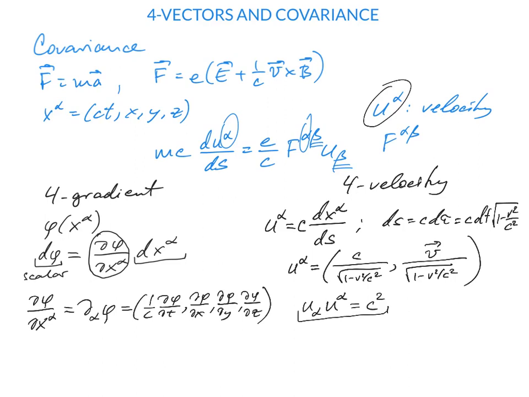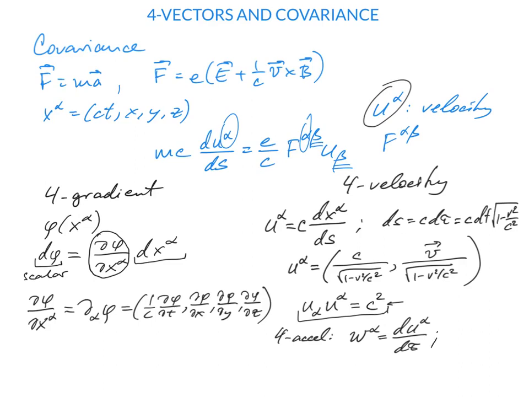Now we can also define a 4 acceleration. Let's call it w alpha, and we'll find it by differentiating u alpha with respect to d tau again. Notice that because of this condition, u alpha contracted with itself gives c squared. If we differentiate this expression, the right-hand side will be 0, but the left-hand side will give us twice the contraction of the acceleration with the velocity.